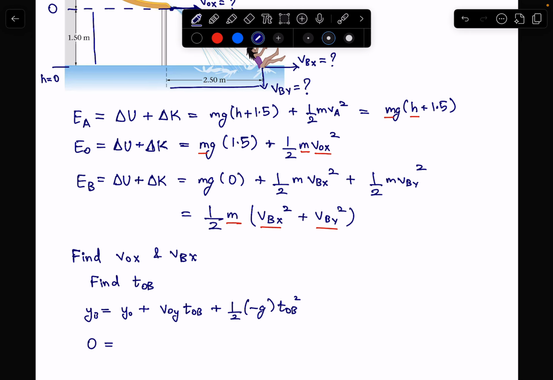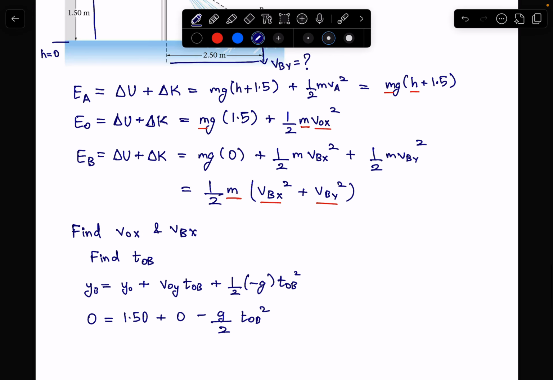It's 0. Y-axis distance of O is 1.5, and Voy is 0. And then you get negative g by 2 tOB squared.